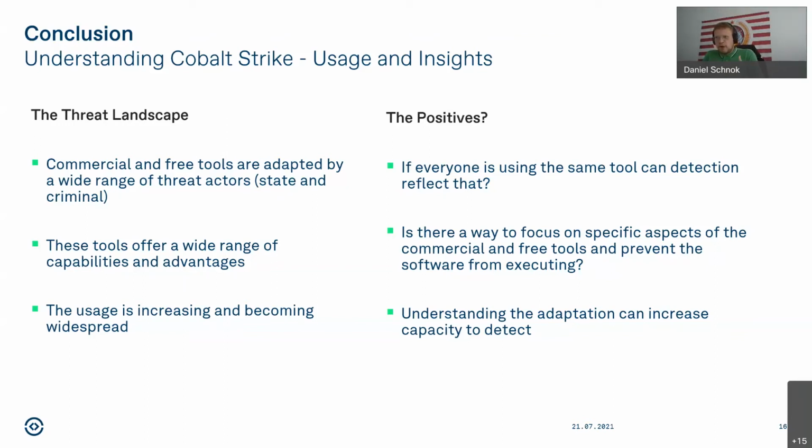These tools can offer a wide range of capabilities and advantages to threat actors. Also clear, as we talked about, it's easy to use and provides a lot of functionality. And as we have seen, at least in the case of Cobalt Strike, but also in my own research and work over the last 12 months and even before that, year by year the usage of all of these offensive and freely available tools is increasing.